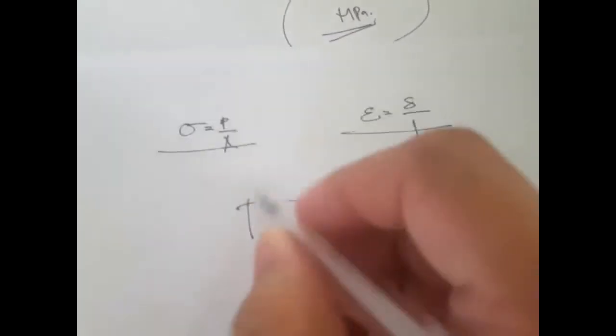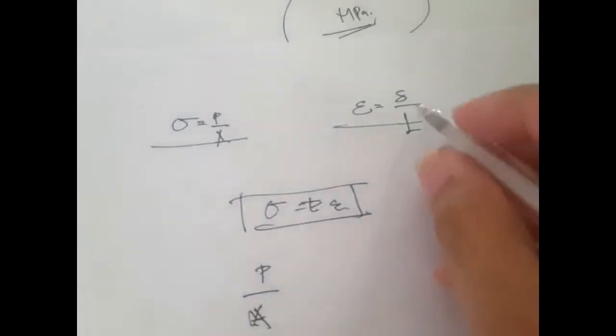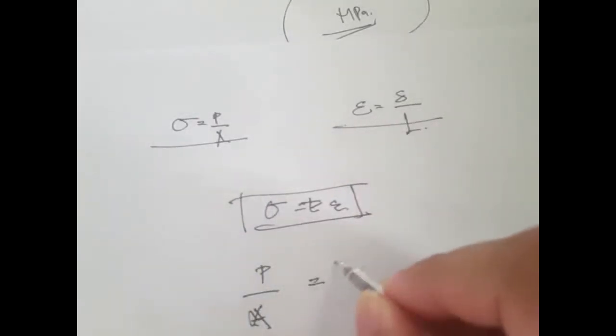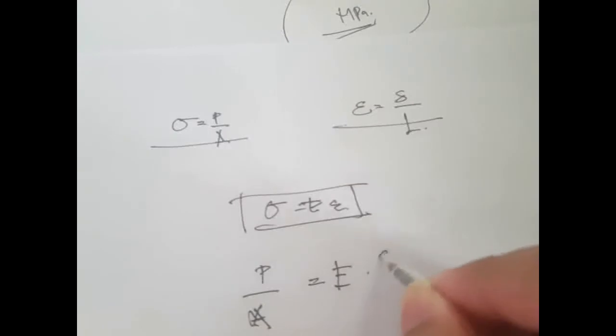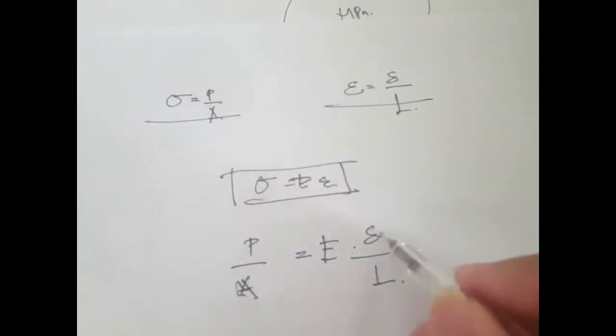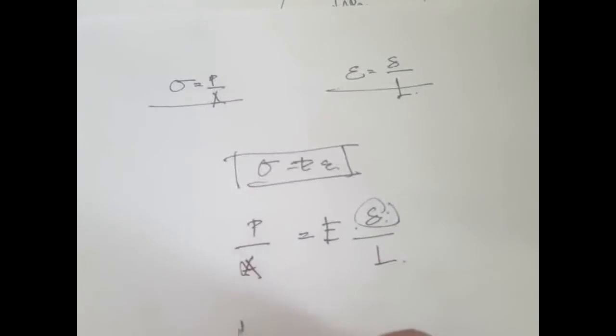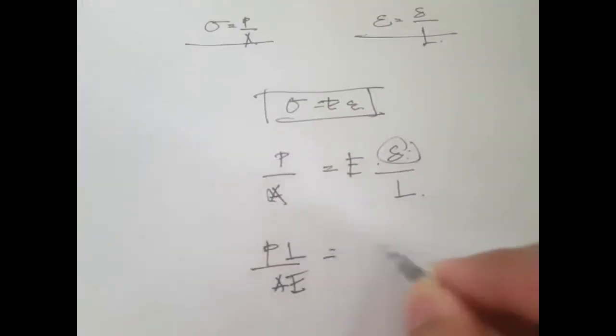If we substitute all this in the generalized Hooke's law, what we get is P over A equals E times the deflection divided by L. So now we can express the deflection as a function of these other quantities: P L all over A E.